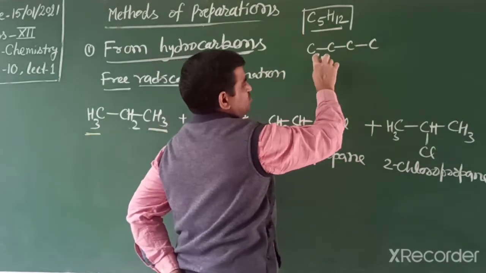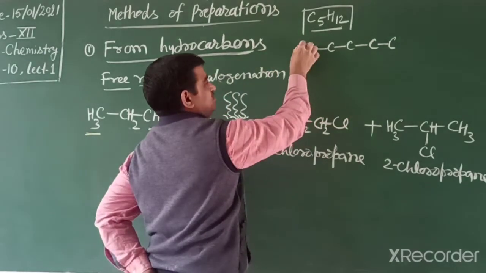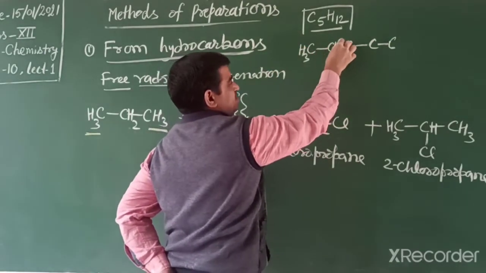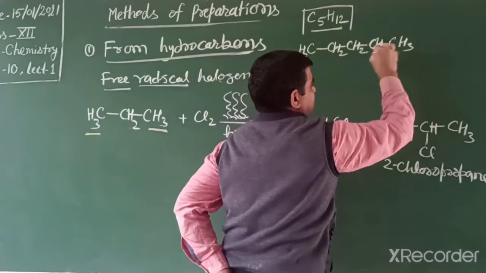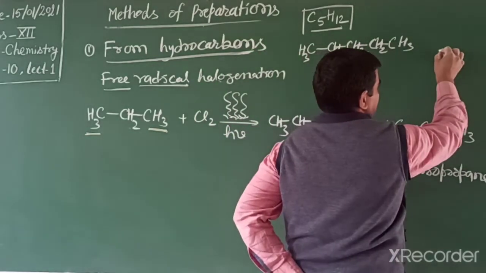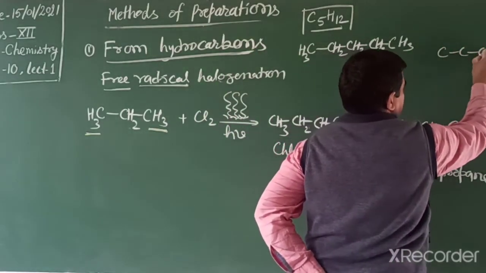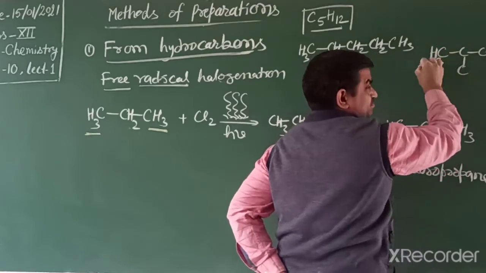Pentane has 3 isomers. One is normal pentane, which you can write like this. The other one is isopentane. How can you write it? A 4-carbon straight chain with one carbon as a side chain.